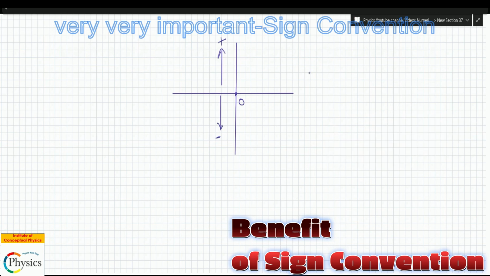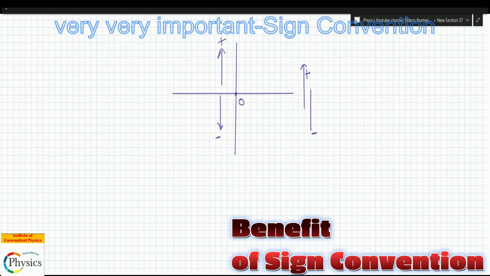So for example, if you throw a ball upwards with some force, you have a situation where the acceleration due to gravity is downward, so acceleration will be treated as negative, and your upward velocity will be treated as positive.